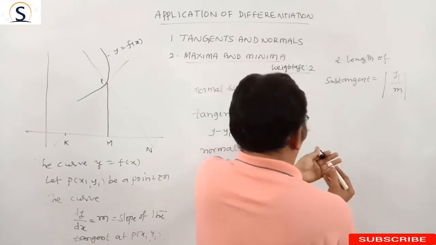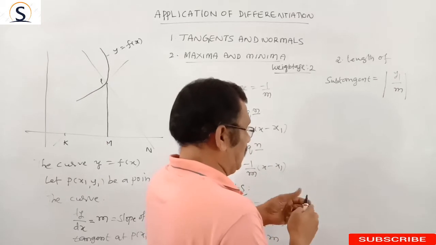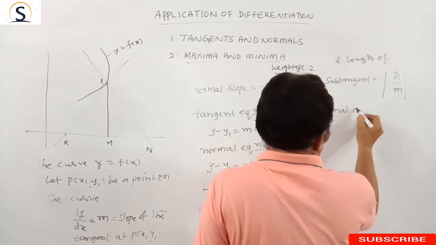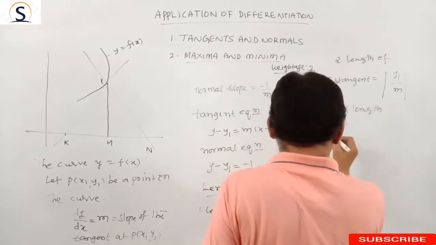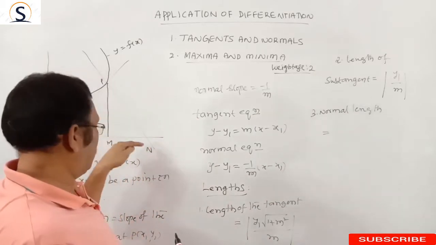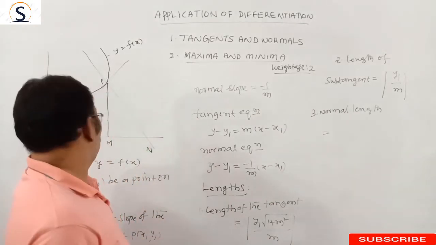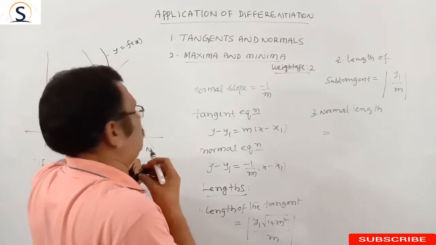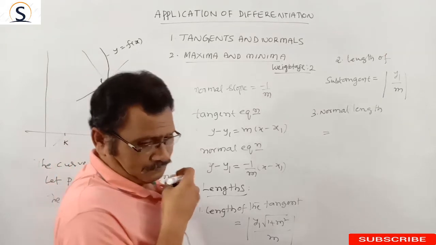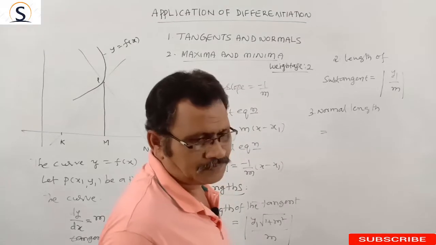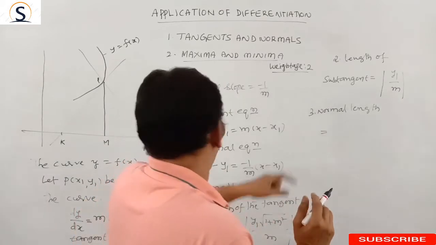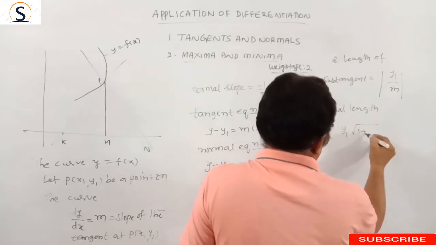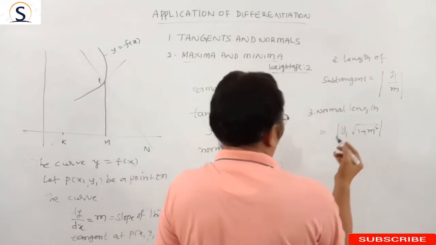Next, the third point is normal length. Here normal means what? PN is the normal. So normal length PN is equal to y1 into under root of 1 plus m square, modulus.